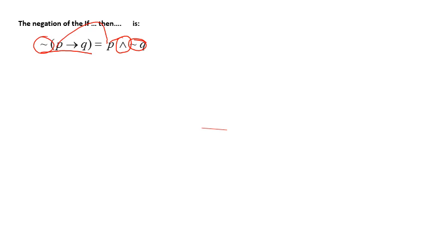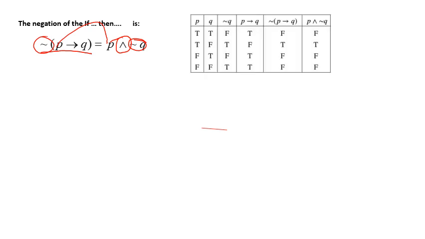The negation of the second one, or the opposite of the second one. How do we know that? Well, if you constructed the truth table that I have here, look at this truth table. I constructed it. Notice these two columns here. Here is the negation of the if-then, and here's the statement P and not Q. Notice that their columns are identical.